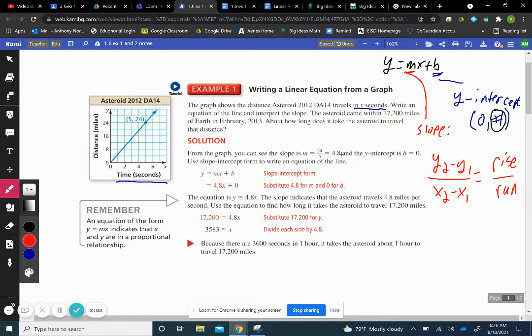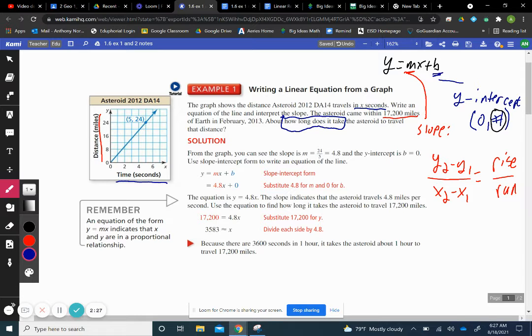Miles, that's distance. So the y-axis is red. About how long does it take the asteroid to travel that distance? How long? That is time. If I ask you how long does it take to get from Etna to Houston, hopefully you'll reply with a time and not a distance.